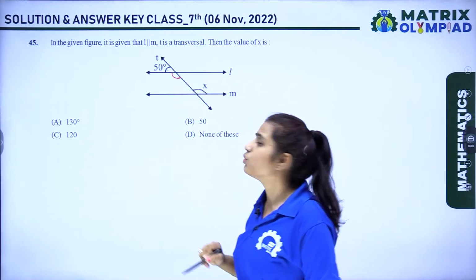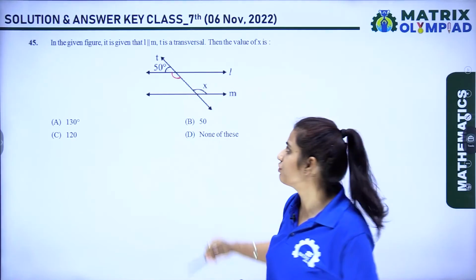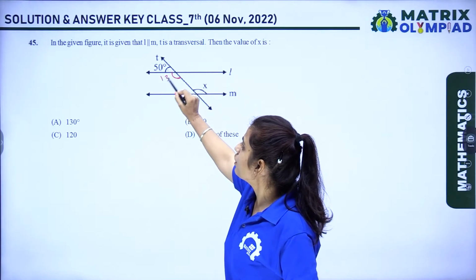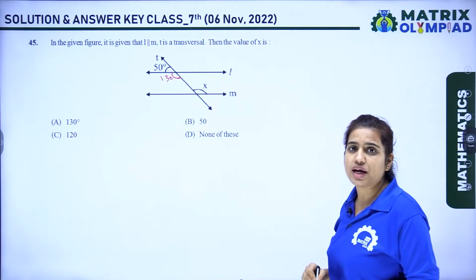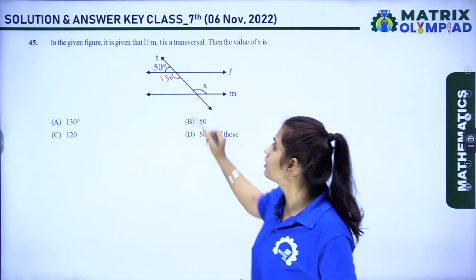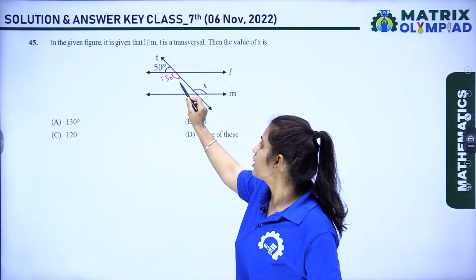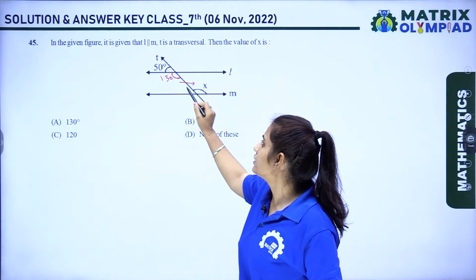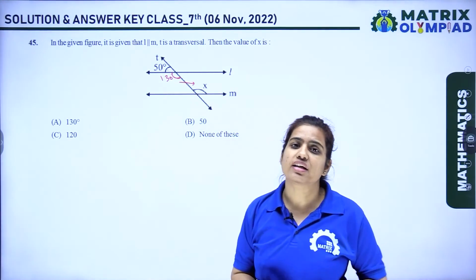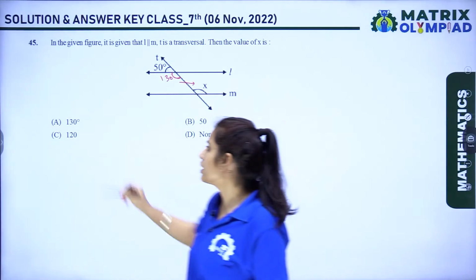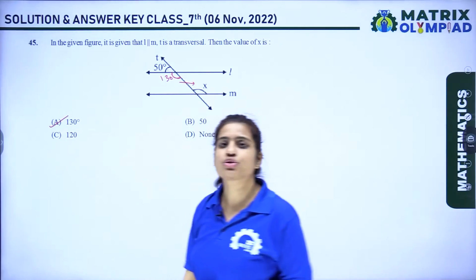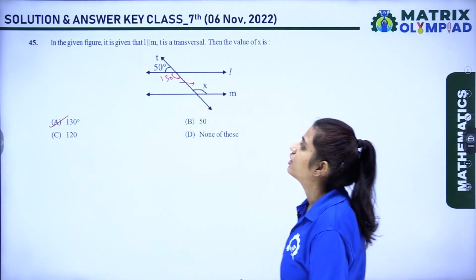This angle will be 180 minus 50. So here this angle will be 130 degrees. As L and M are parallel lines, we can say that 130 degrees is equal to x, as they are alternate interior angles. So the value of x will be 130 degrees. So according to the question, option A is the correct answer.